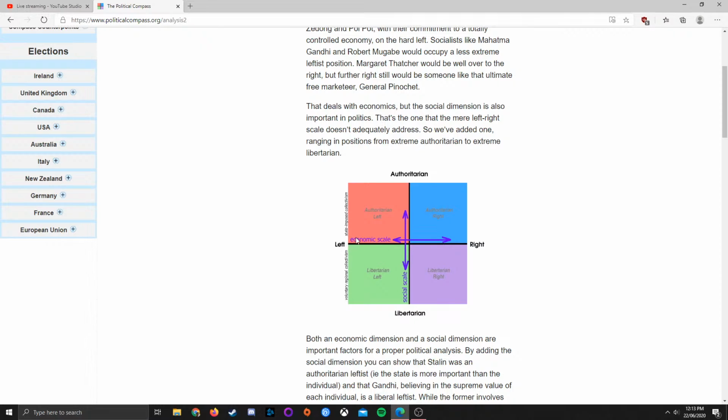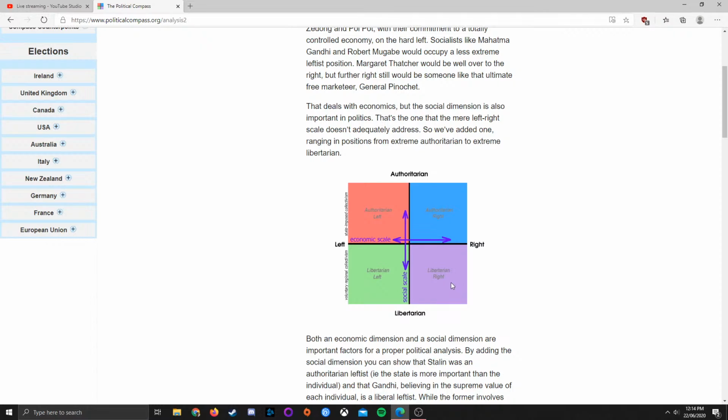There are four sections in the compass. Authoritarian left, which is when you combine the top part of the y-axis and the leftmost part of the x-axis. Authoritarian right, again that's top of the y and right on the x. Libertarian left, so down on the y and left on the x, and libertarian right, down on the y and right on the x-axis.